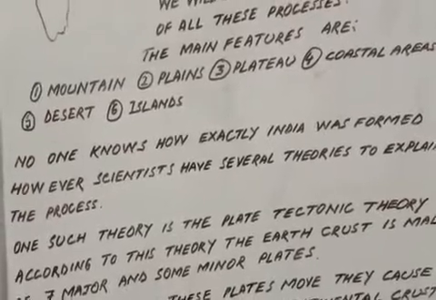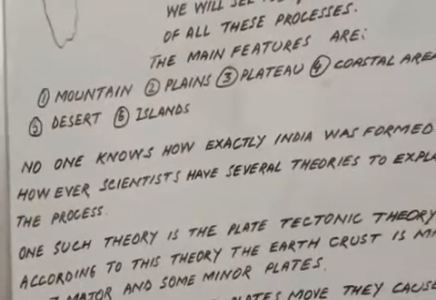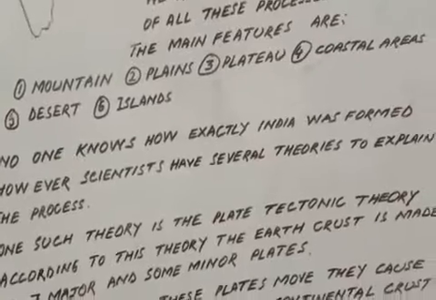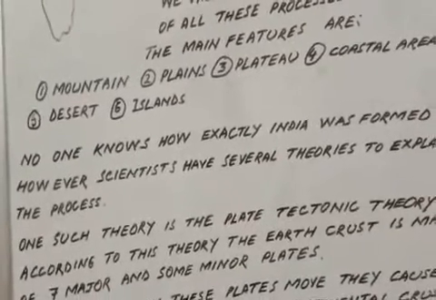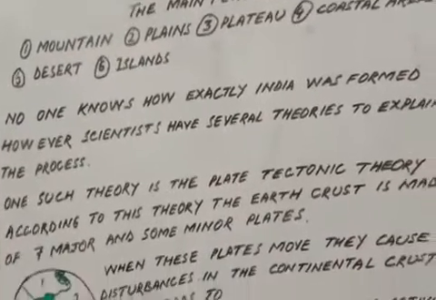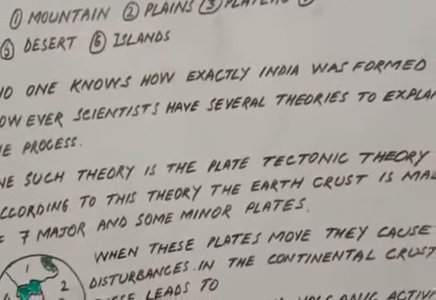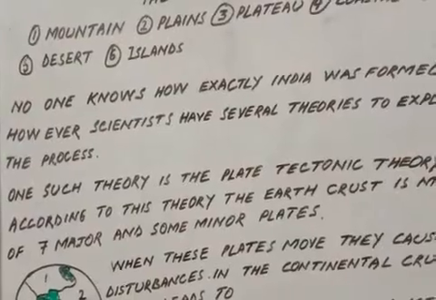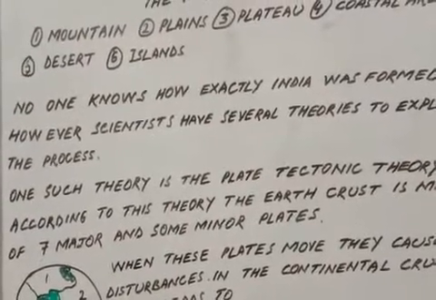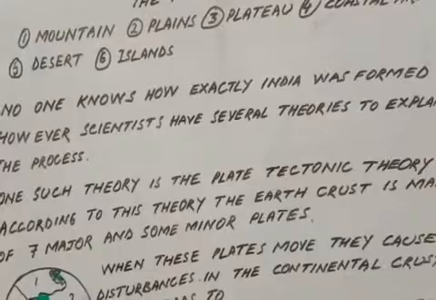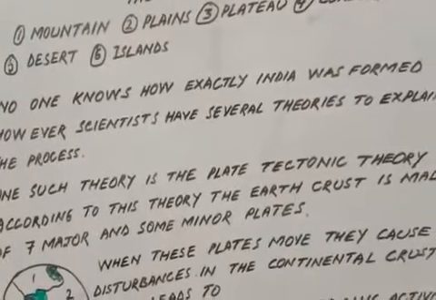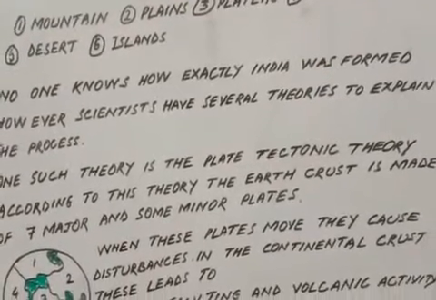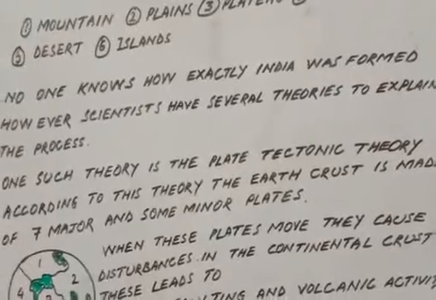This has been explained by the scientists studying all the geological processes. One such theory is the theory of plate tectonics. What does this theory say? According to this theory, the earth's crust is made of 7 major plates and some minor plates.